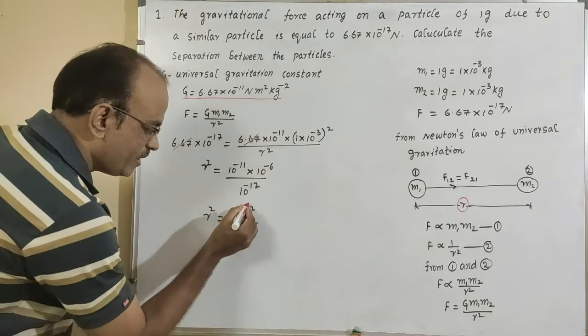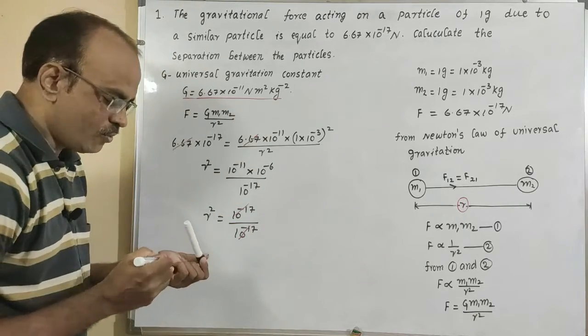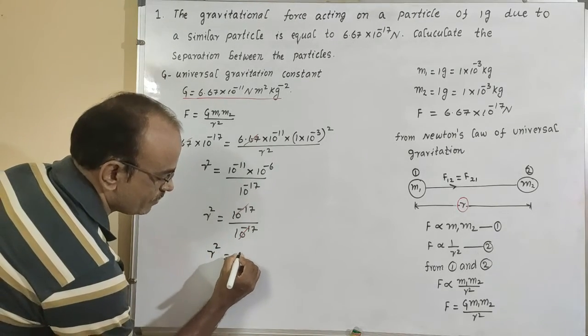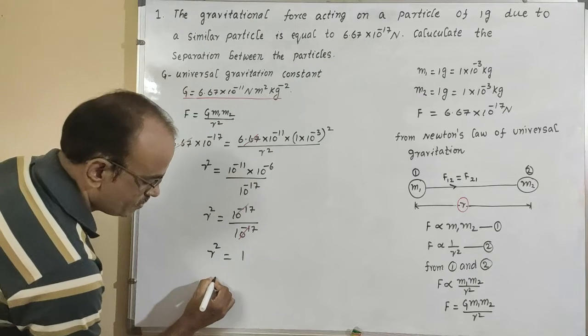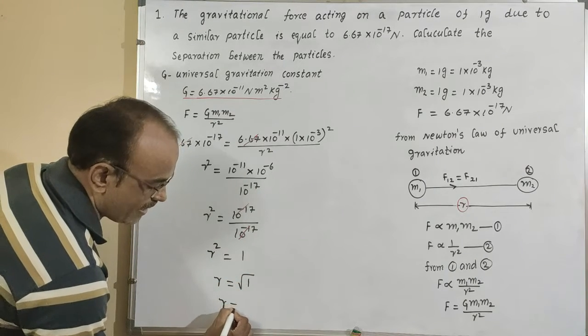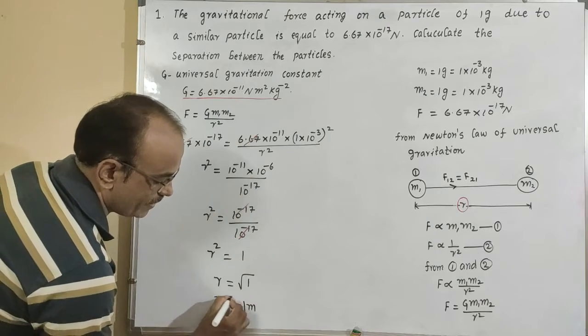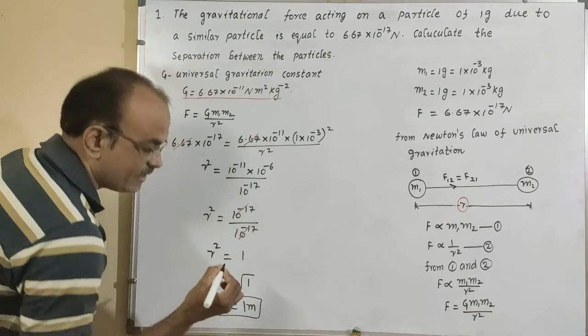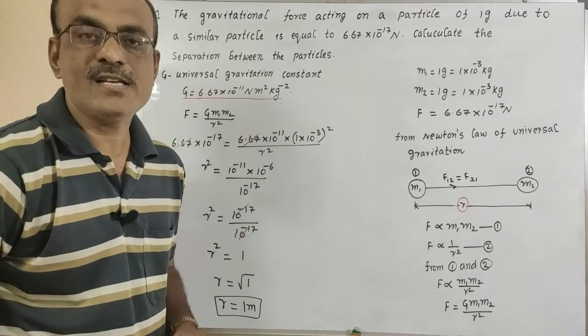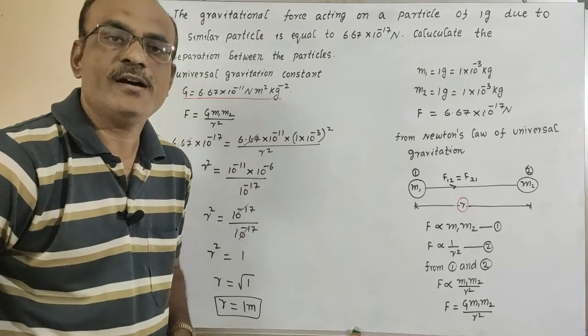Now here these two get cancelled. So what is remaining here? R square is equal to 1. So here r is equal to square root of 1. So r is equal to 1 meter. So the distance between the two particles is 1 meter, and this is the solution for question number 1.